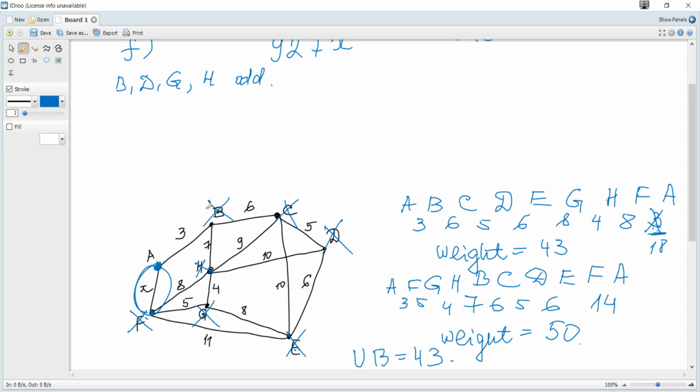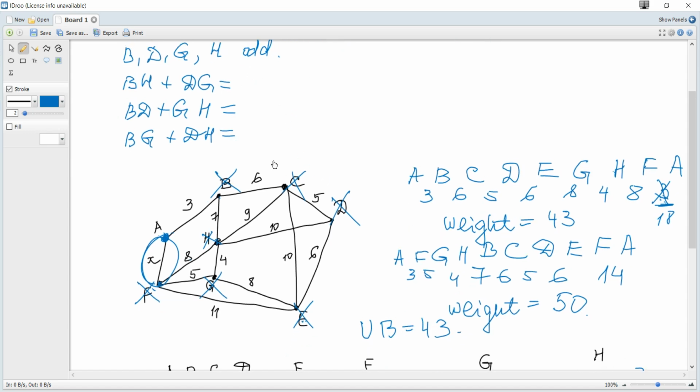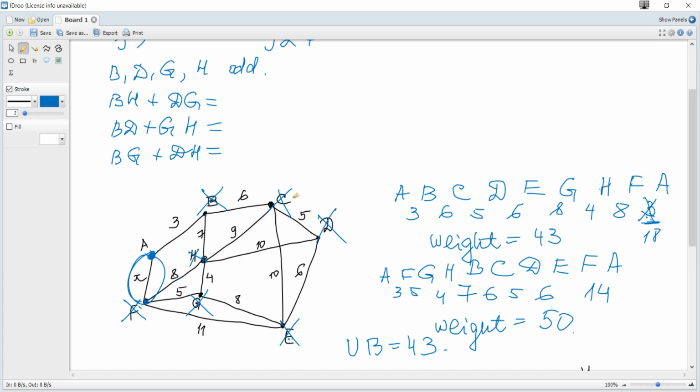And what should we do next? We should consider pairs: BH plus DG, BD plus GH, and BG plus DH. By inspection we need the least possible weight. BH, definitely it's 7, DG, it's 14.